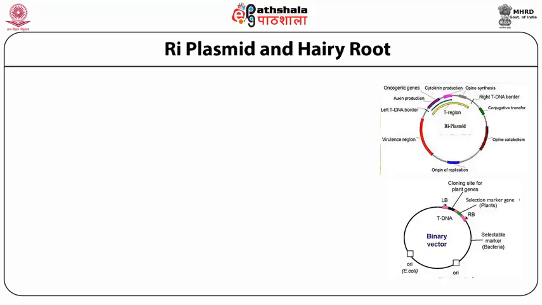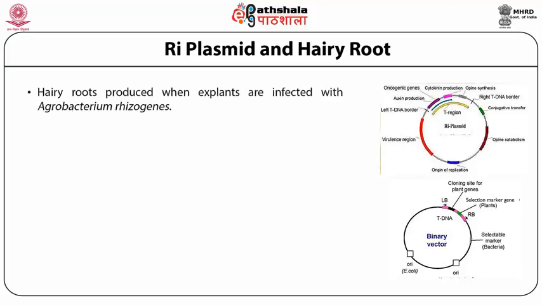The other type of Agrobacterium, which belongs to the same family, Rhizobiaceae, is Agrobacterium rhizogenes. It is different. It has a different type of plasmid, which is known as the Ri plasmid, root-inducing plasmid. When this tDNA is transferred from this plasmid to the plant, it produces hairy roots in the plant.